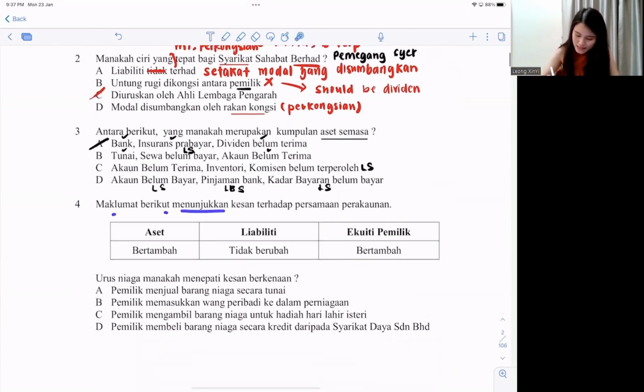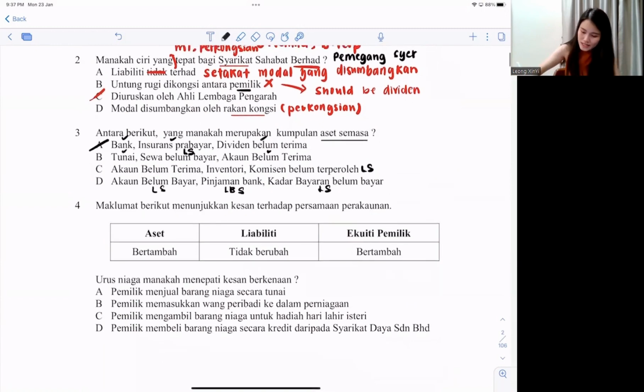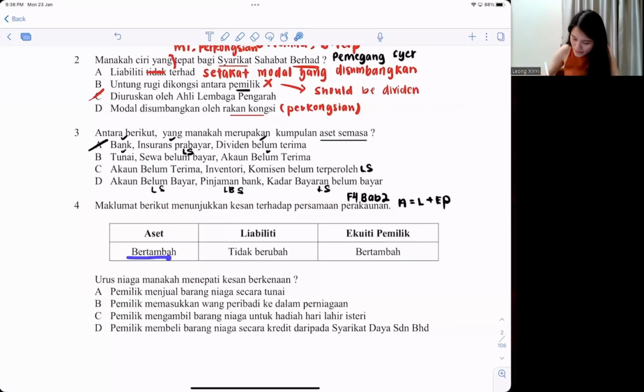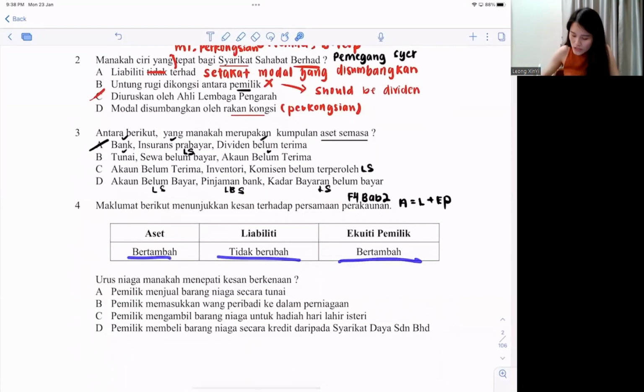Maklumat berikut menunjukkan kesan terhadap persamaan perakaunan. Persamaan perakaunan is A equals L plus EP, guys. So it's just the jadual we're talking about. They can only do plus and minus, no debit credit for this chapter, if you're talking about persamaan perakaunan from Form 4 Bab 2. Now they say asset bertambah, liability tidak berubah, and equity pemilik bertambah.